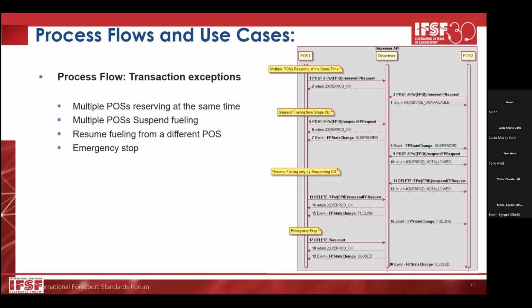So you need to send a delete to each and every dispenser. In the case of the forecourt device controller, it will receive a single delete forecourt that will be sent to each and every dispenser in a single way.